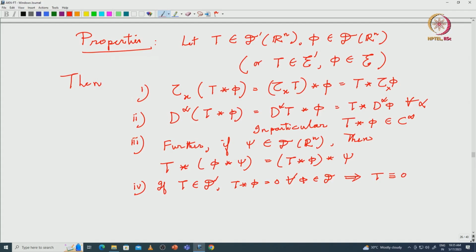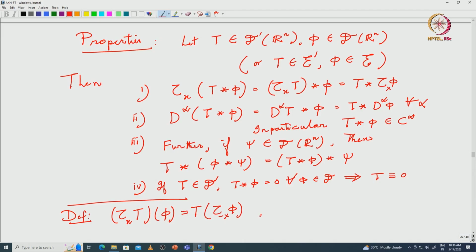So, what is the translation of your function? How do you get motivated? When it is a function, tau x of f at y is equal to f of x minus y. Take the distribution generated by that and see what formula it gives you. The definition, which is motivated this way, is that the translation of T, a distribution, given phi is T acting on tau minus x of phi, with a minus sign.